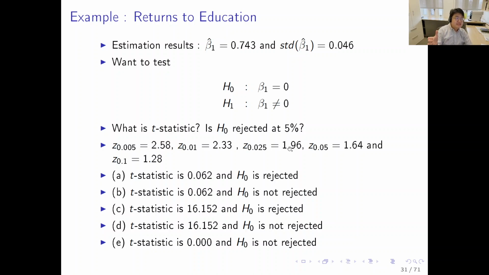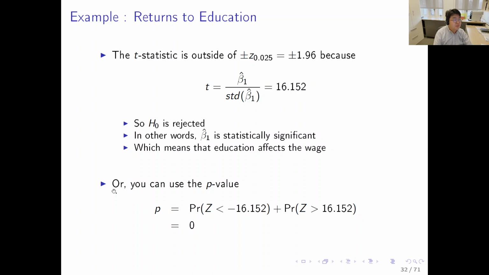So if the t-statistic is greater than 1.96, you have to reject the null hypothesis. So you reject the null hypothesis in this case. The answer is C. The t-statistic is 16.152, and the p-value is 0. If you wanted to use the p-value approach, it's also the same.